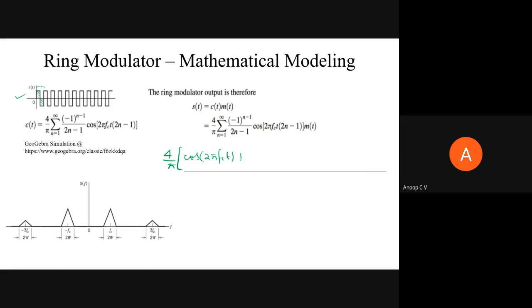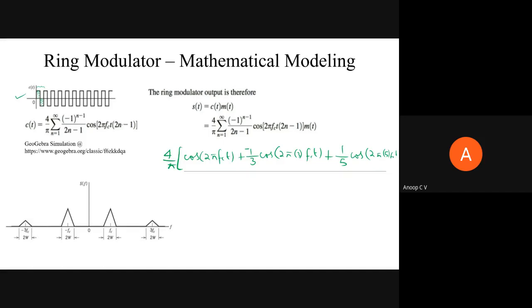The second term, when n is equal to 2, will be minus 1 by 3 times cos 2 pi times 3 fct, and similarly plus 1 by 5 times cos 2 pi times 5 fct, and so on.